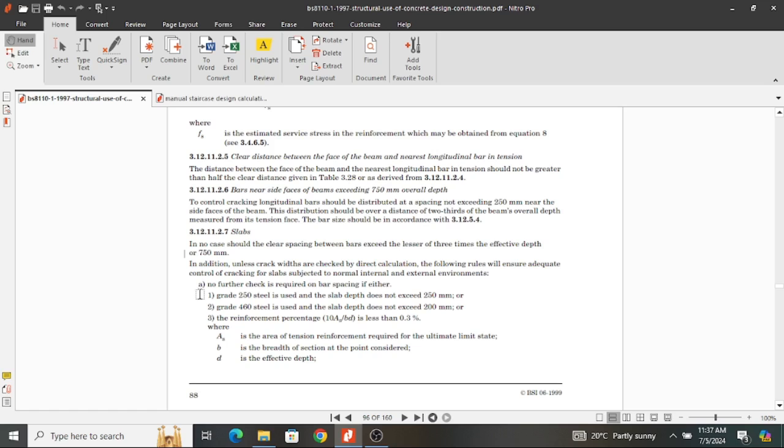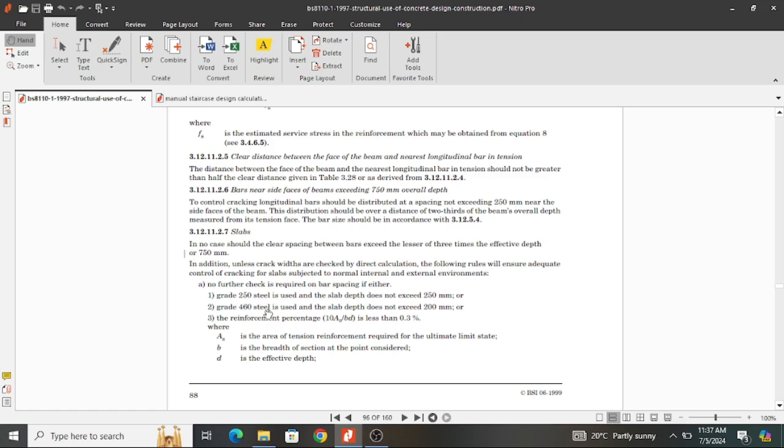A. No further check is required on bar spacing if either of these three is met. For grade 250 steel, the slab depth is not more than 250 millimeters. Our grade was not 250, so condition 1 does not hold.